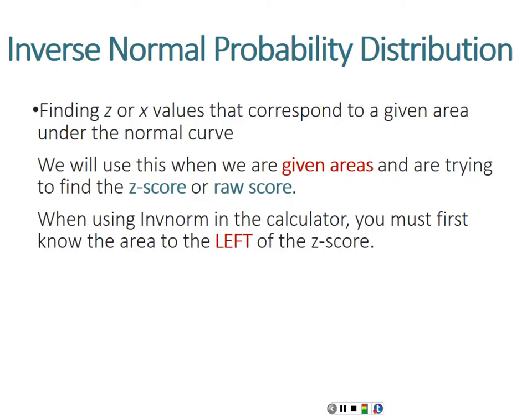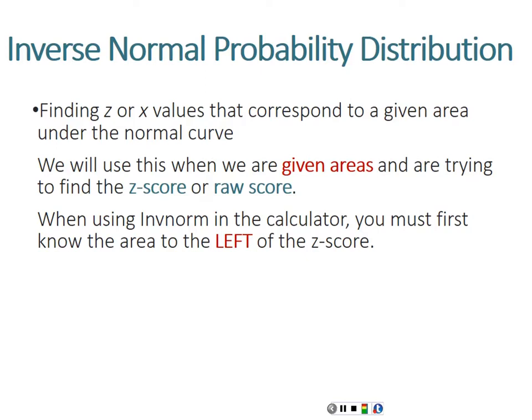When you're using inverse norm, this is very important, you've got to get this straight in your head. When you're using inverse norm on the calculator, you have to know the area to the left of the z-score. What you may be given is the area to the right. But you should be able to use the area to the right to find the area to the left, because remember, total probability is 1.